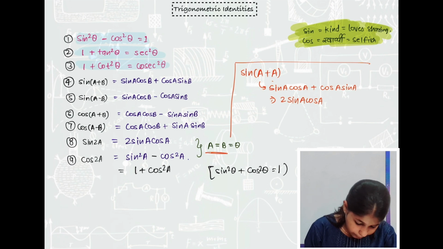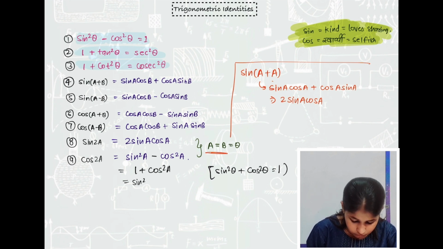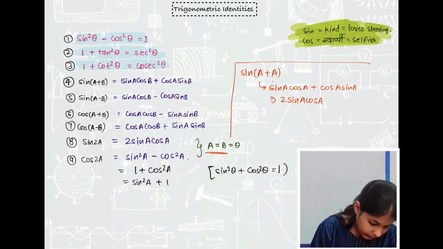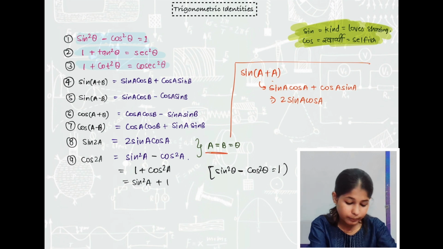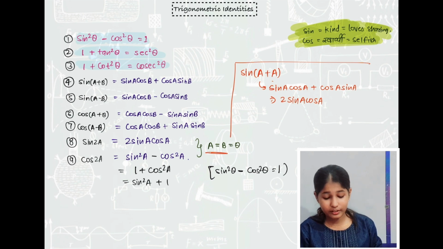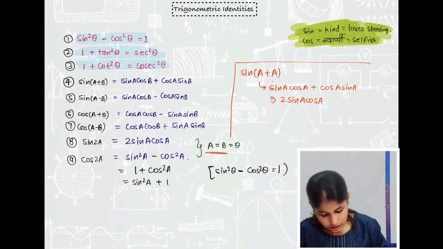So it will be 1 plus cos square theta, or it can also be written as 1 plus sine square theta. One more thing, I should replace it with minus. Sorry for that, but sine square theta minus cos square theta. Okay, it will be minus.